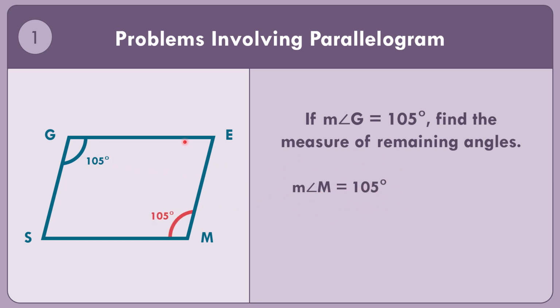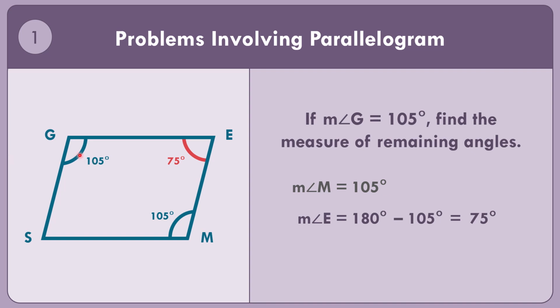How about the measure of angle E? Two consecutive angles are supplementary. So angle G plus angle E is equal to 180 degrees. The measure of angle E is equal to 180 degrees minus 105 degrees, and the answer is 75 degrees.